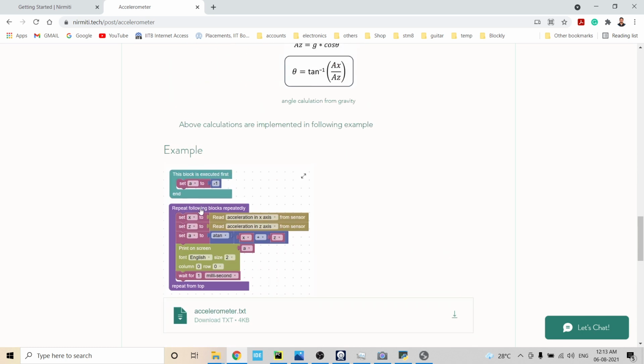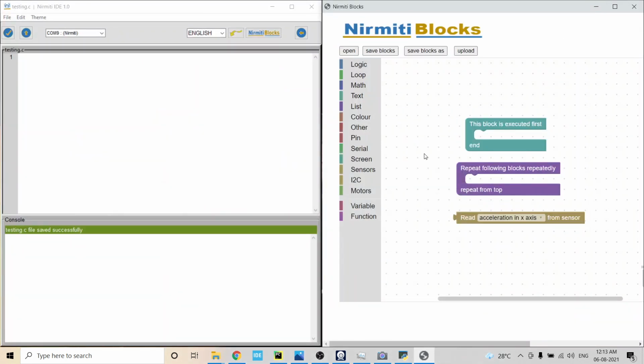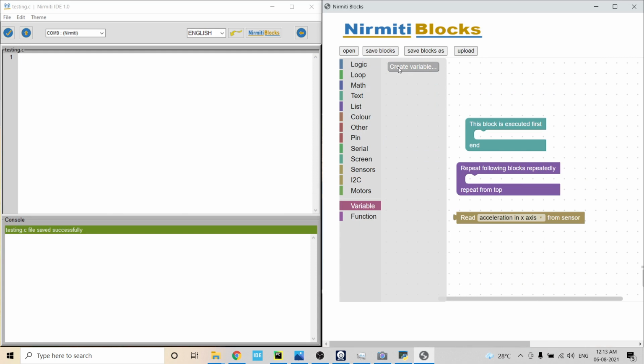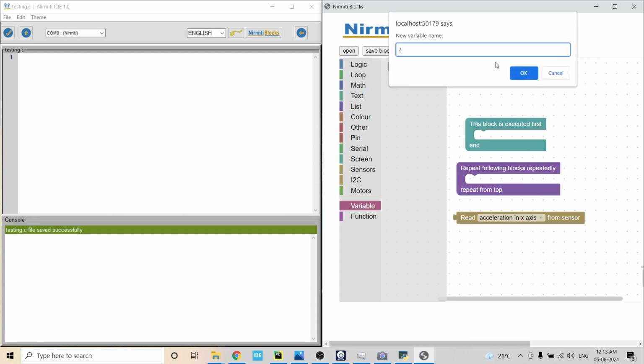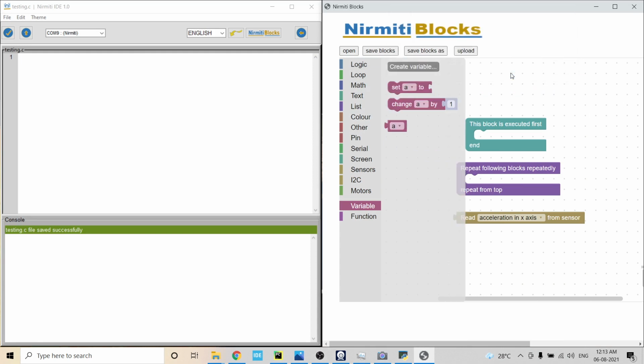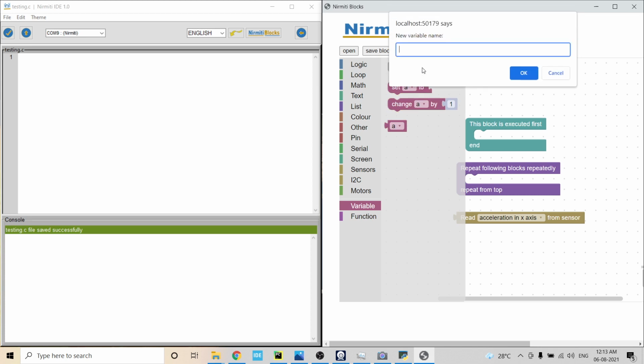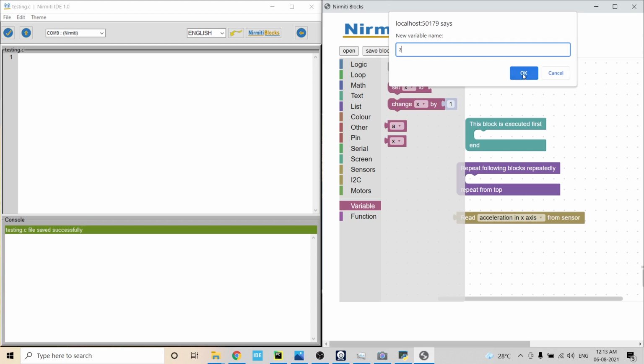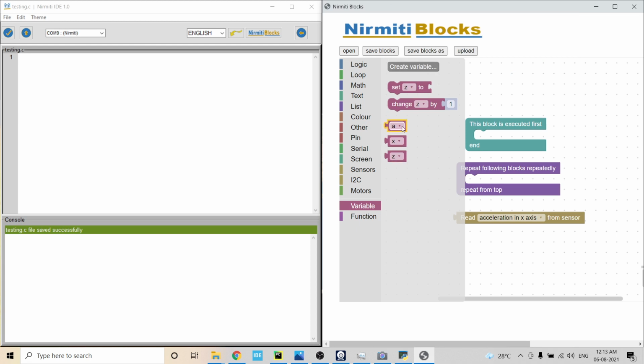This is the block program we are going to do on the Nirmiti blocks. First of all, we will create three variables. A will store the angle, x will store the x acceleration, and z will store the z acceleration.